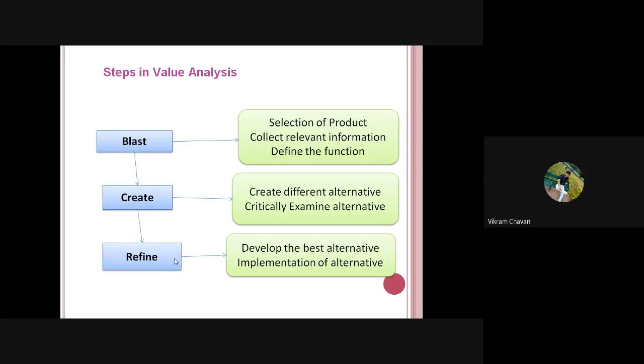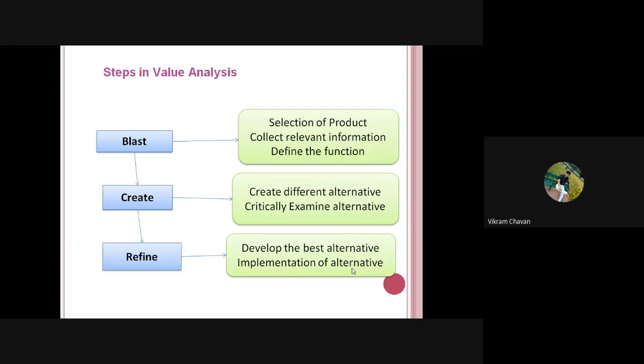The third one is refine. Under this refine step, we need to carry out activities like developing the best alternative and, second, implementation of the alternative. You can give this diagram the name steps in value analysis.